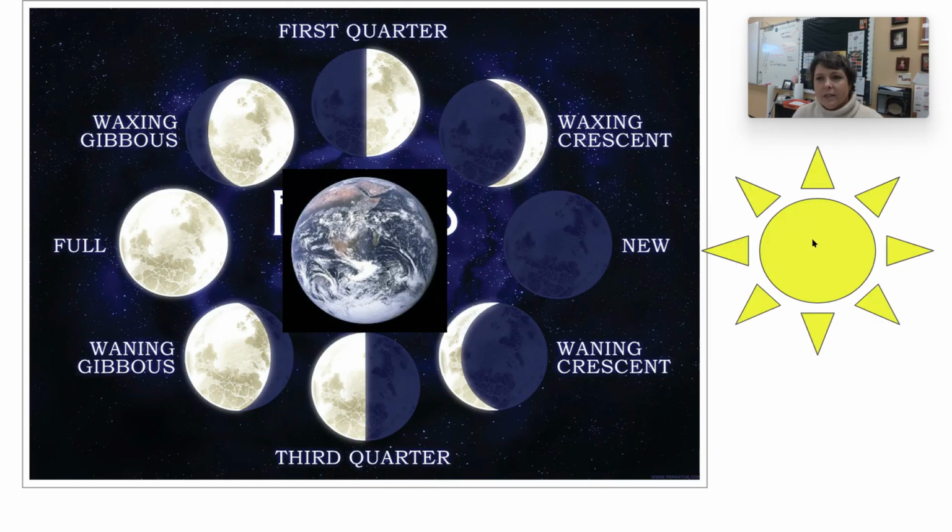And in this class, we're usually going to talk about that as the beginning of the cycle. All right. Of course, it's a circle. It's a cycle. So, the full moon is also the beginning of the cycle, right? So just keep all that in mind. This is where the sun is on this diagram. Okay. So let's take a look at the new moon.